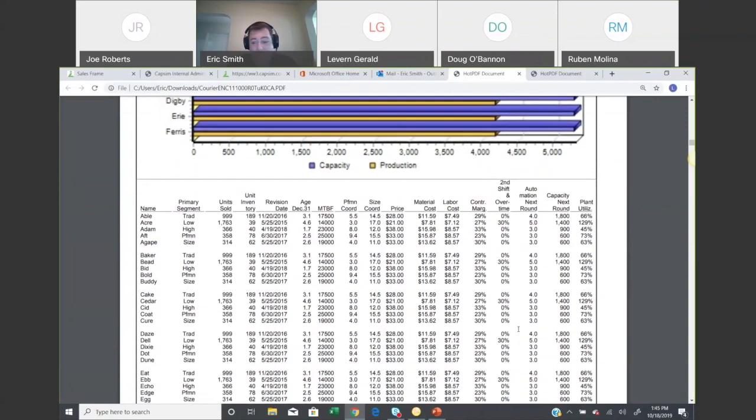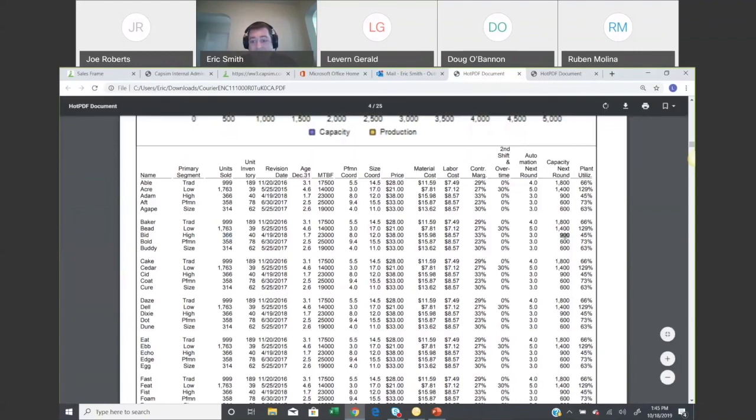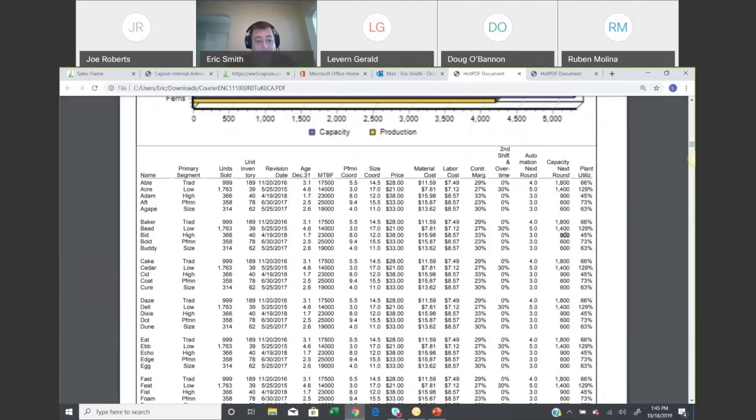Since we're talking to faculty here, I will tell you that in two instances, in traditional and high end, and this is true for all companies, if I compare what I sold, which was less than 400 units for high end, and our capacity is 900. With a capacity of 900, we could build up to 1,800 units.